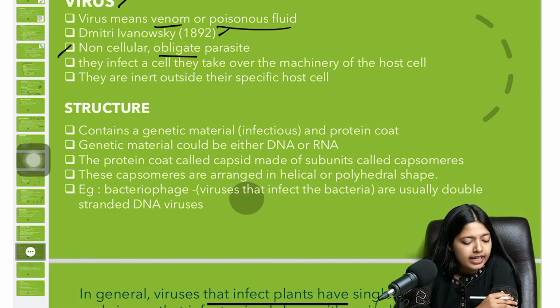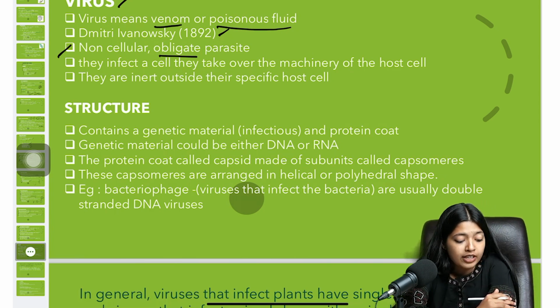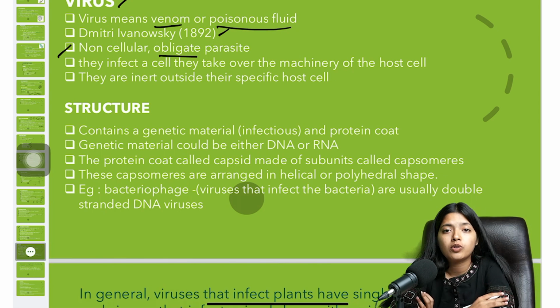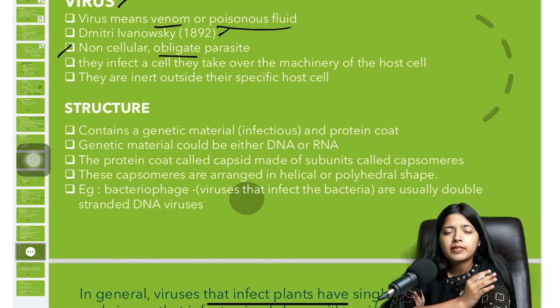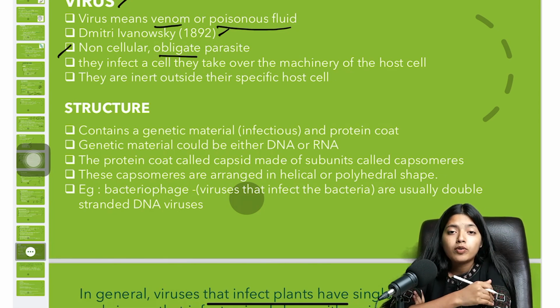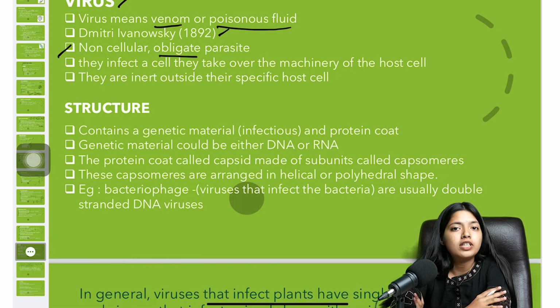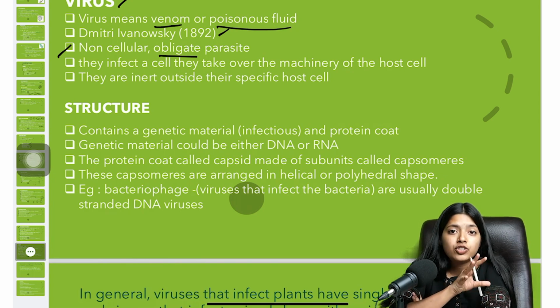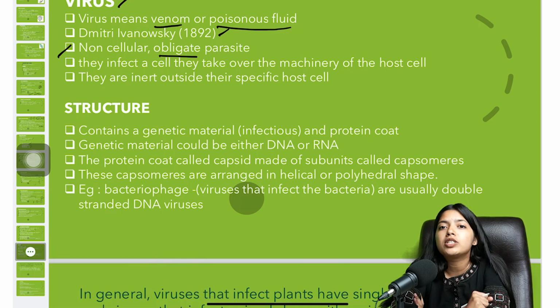They can infect a cell in such a way that they will take over the machinery of the host cell. So what do they do? Here the virus will take over the complete machinery of a cell. That means the virus will infect the genetic material. It will capture the genetic material of the host.